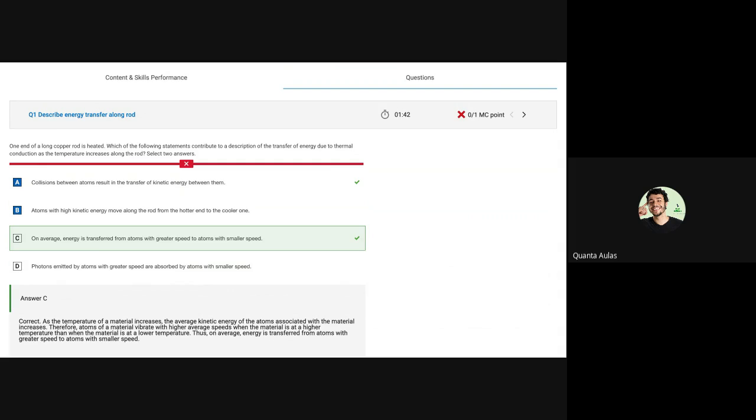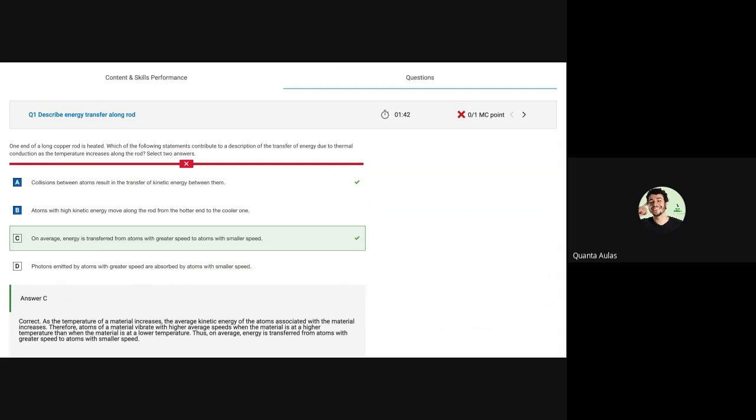Because the more energetic water particles will go out of the clothes. So the curve will be flat because the most energetic will go out. So B is wrong, C is right.